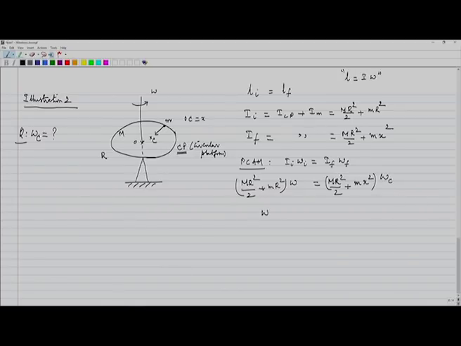Therefore, omega at C, which means the angular velocity of the entire system when the mass is at C, is equal to (M R squared by 2 plus little m R squared) divided by (M R squared by 2 plus little m x squared), times omega.